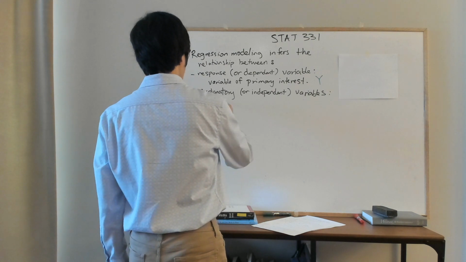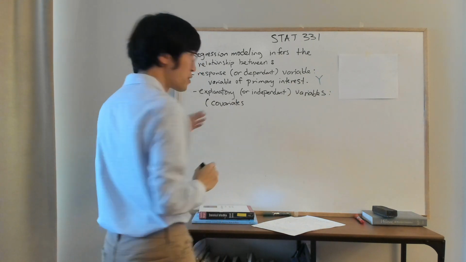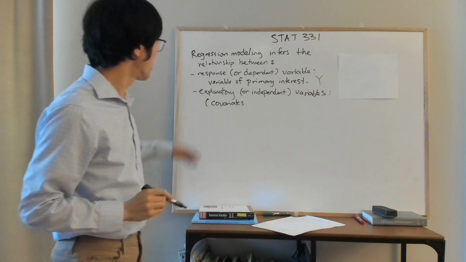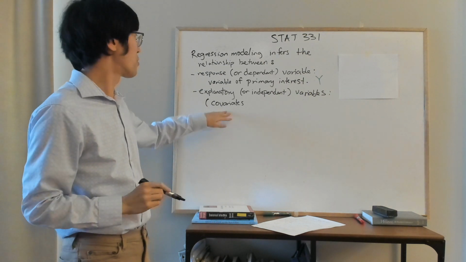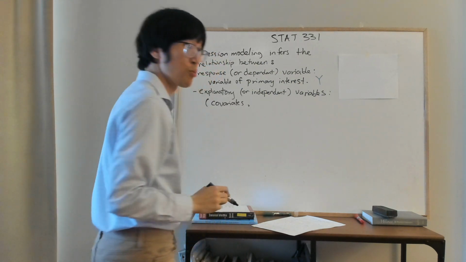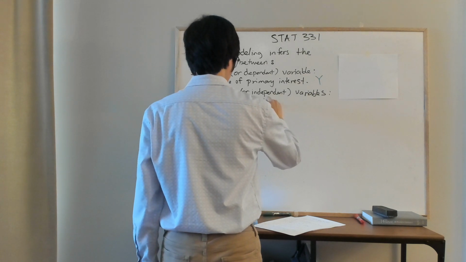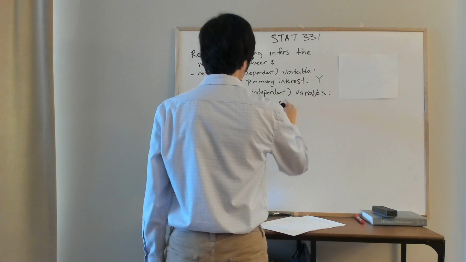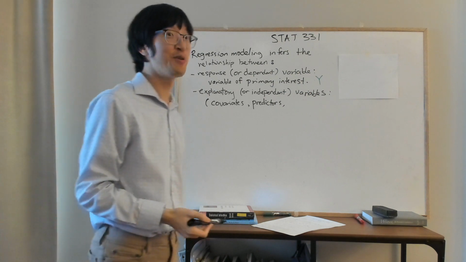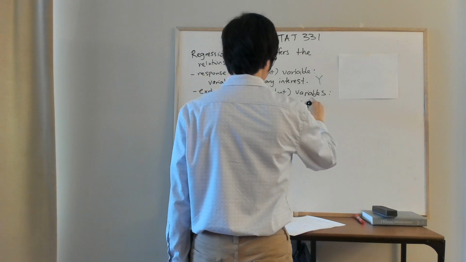You may hear before or in the future some of these other names for these explanatory variables. They can be called covariates. That's more of a statistical term, for variables that could be associated with y. Especially when you're doing predictive analytics, you might call these predictors, or those in machine learning might call these features. These are all synonyms for the same idea.